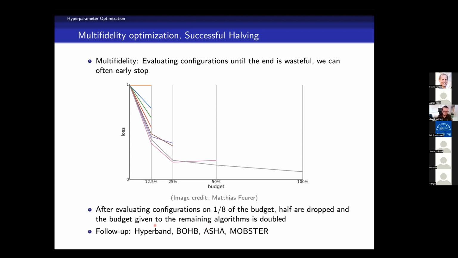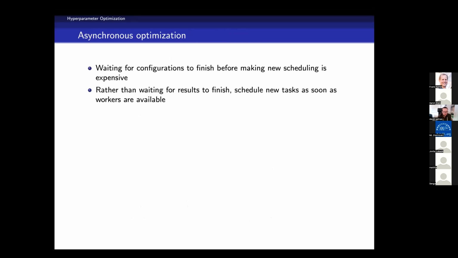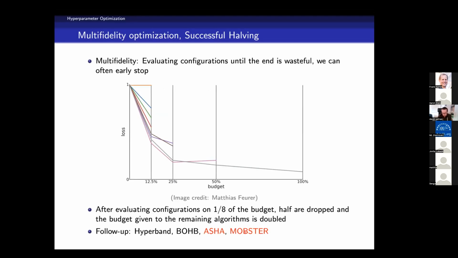ASHA is an asynchronous extension of Hyperband, in the sense that Hyperband will wait until all things are done, then take a decision and let the configurations continue, but that can be wasteful because some configurations may be much slower. And MOBSTER is an extension as well, so it's asynchronous, and it also has a model to avoid the random search issues.